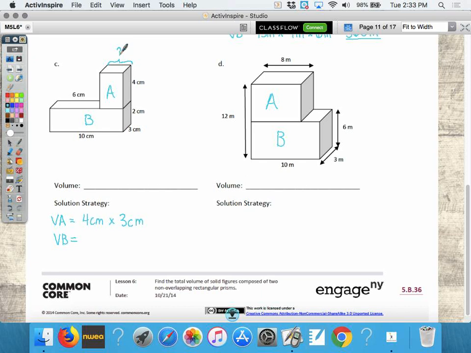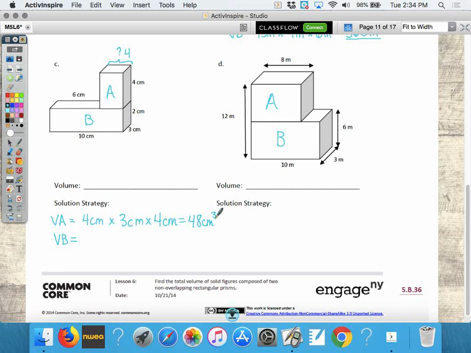How can we figure that out? So I hope you're thinking, take 10 minus 6, and that will give me 4. So it's going to be 4 centimeters times 3 centimeters times 4 centimeters equals, so I guess I could do 12 times 4, 48 cubic centimeters.